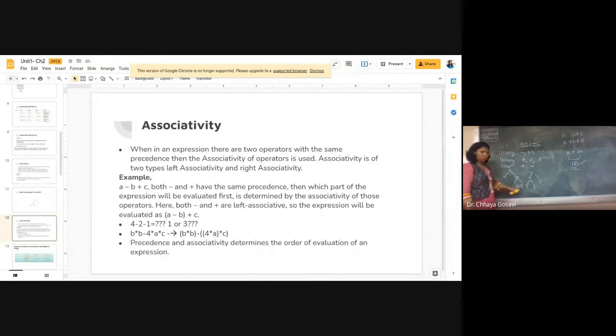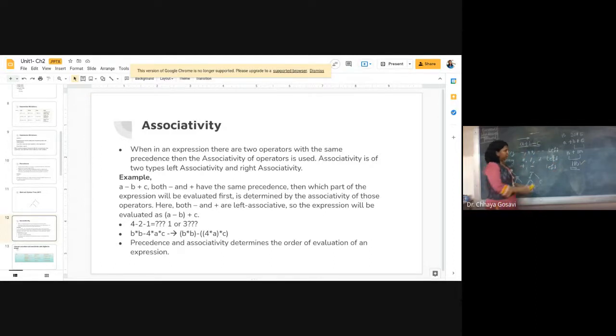But which one to choose? This one or this one? Here comes associativity. If operators have the same precedence, associativity can be left associative or right associative. So plus and minus, all of these operators are left associative.